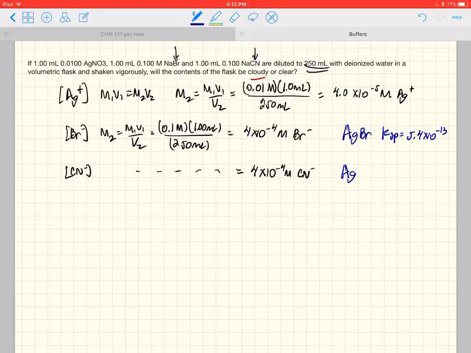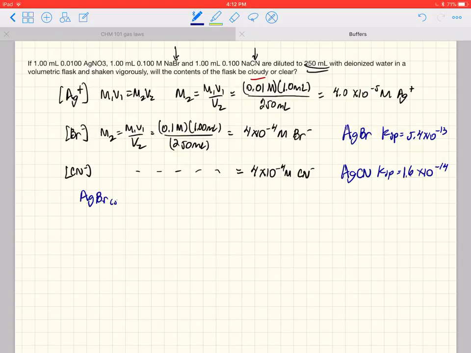Silver cyanide has a KSP value of, it's not here, let me Google that really quickly. So I just type KSP and then AgCN. And one of these websites I found says that it's 1.6 times 10 to the minus 14. Okay. So let's write out each one of these in sequence.